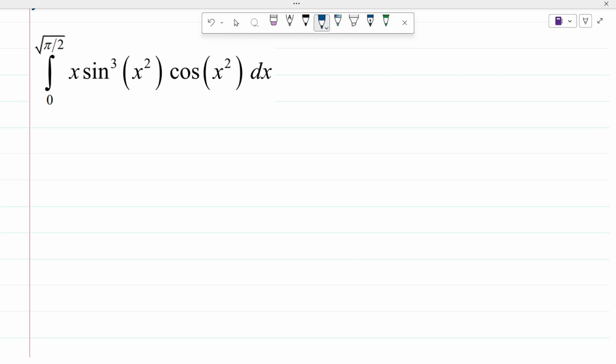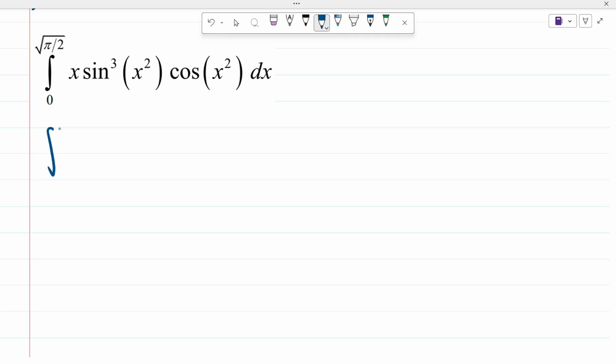We need to integrate. Can we simplify this? No. Do we have a function and its derivative? Yes, we do. So let me rewrite this nicely to show you.